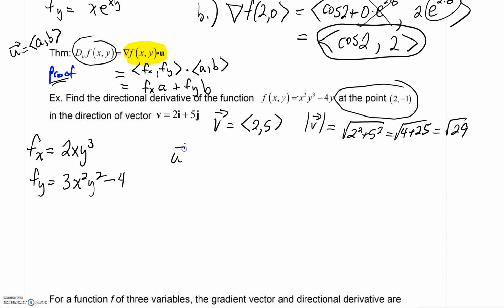So we need a unit vector. We're going to take these components of 2 and 5 and divide them by that length. When you're dividing by the length of radical 29, your new length is 1. So if we were to come up here and do a quick directional derivative, following what we're seeing at the top of the page, we'd need the gradient dotted with u.